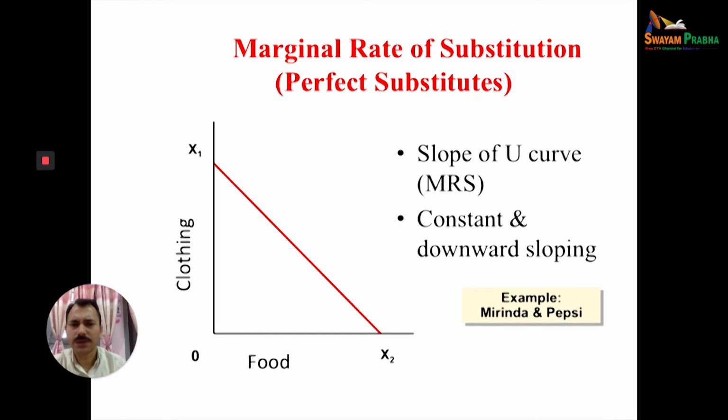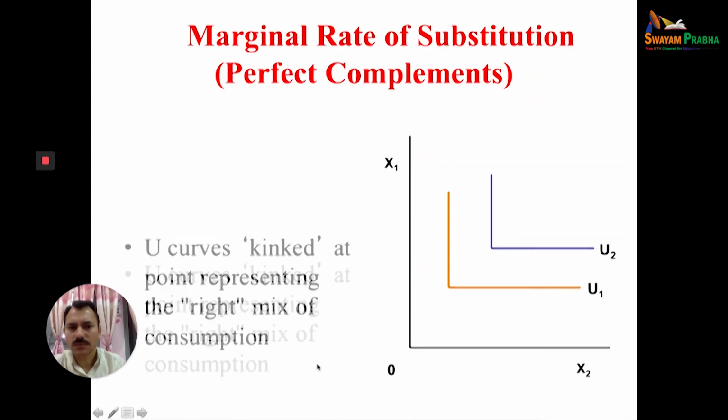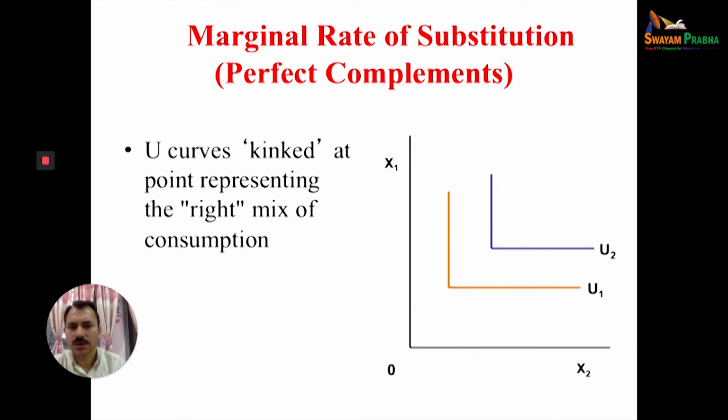If the commodities are perfect substitutes, then it can be a straight line. For example, Mirinda or Pepsi, Coca-Cola or Pepsi. We have already discussed this.